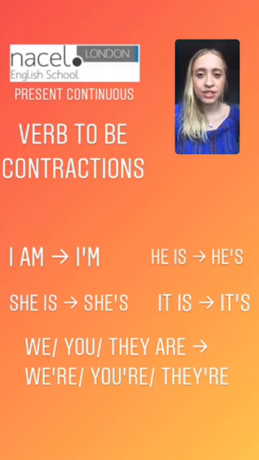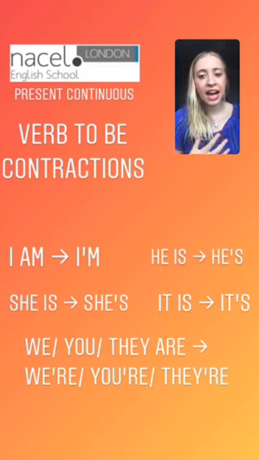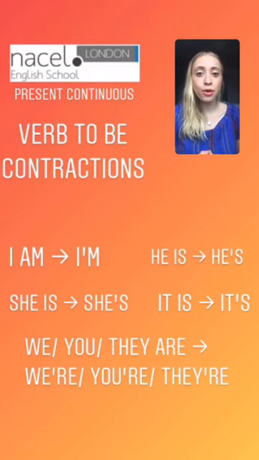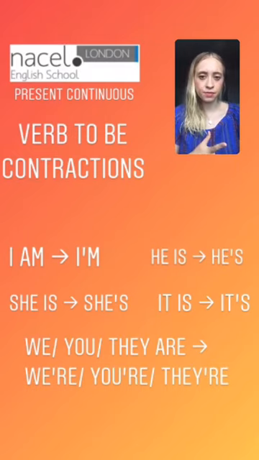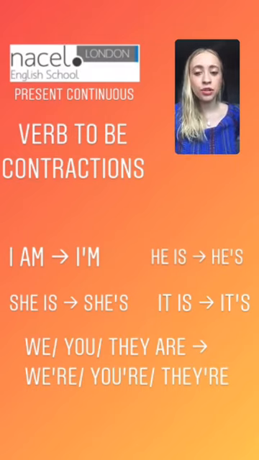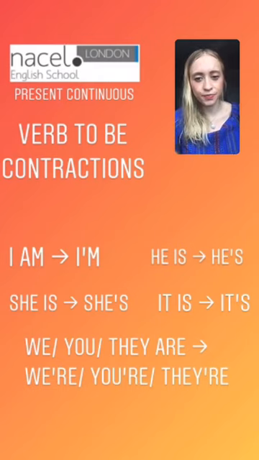Learn these and use them. As a native speaker, I naturally will say I'm or he's rather than I am or he is. So if you do the same, you're going to sound more native.